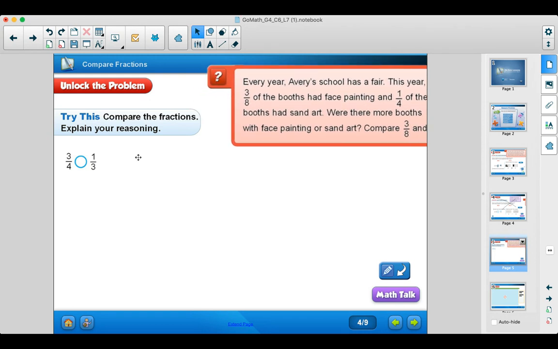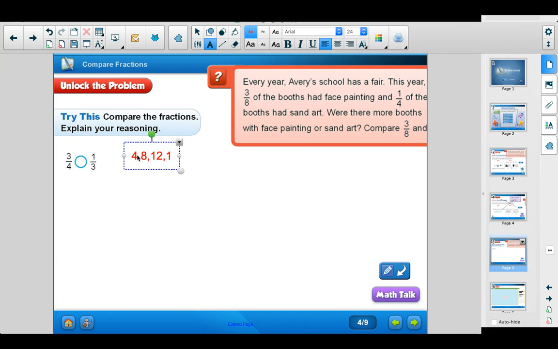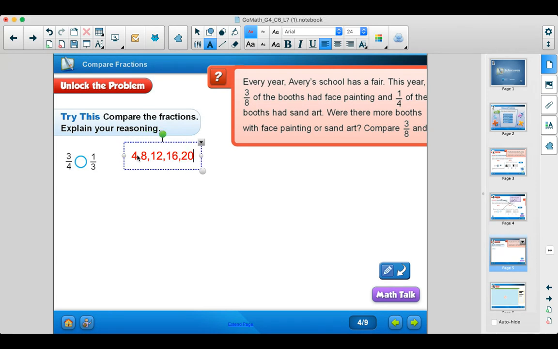Okay. I'm going to work on two different ways of how to compare fractions. Our first way is to get a common denominator. Well, neither one of these are multiples of each other. So, what is a common multiple of 3 and 4? Let's type all the multiples. 4, 8, 12, 16, 20, 24. Okay.